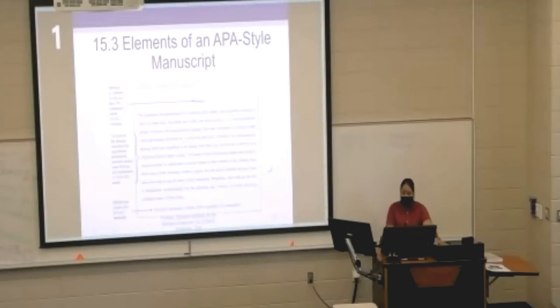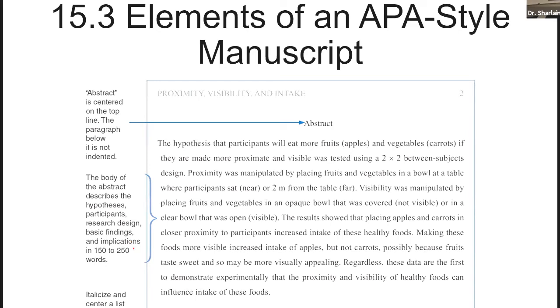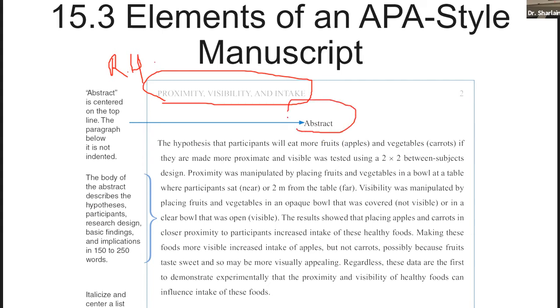Good deal. All right. So I'm going to give you an example, right, an illustration of what the abstract looks like. Notice that the very first thing that we talked about, right, we're going to have that running head, right? And the running head will not say running head, right? The next thing you're going to notice is that the word abstract is centralized.